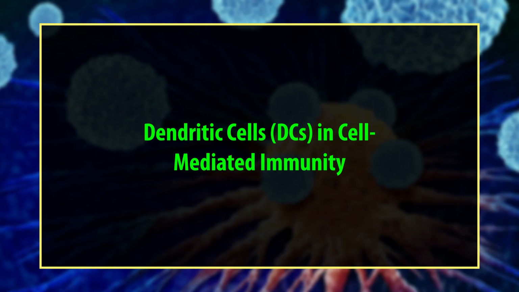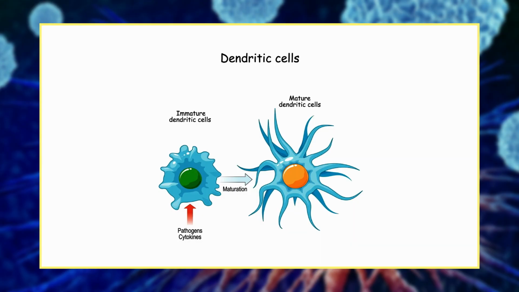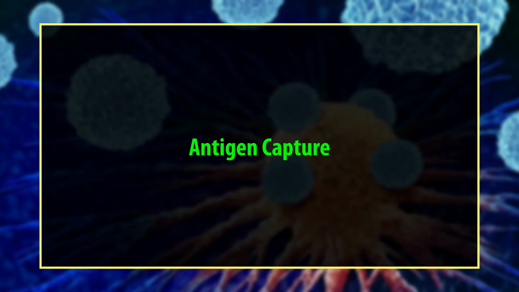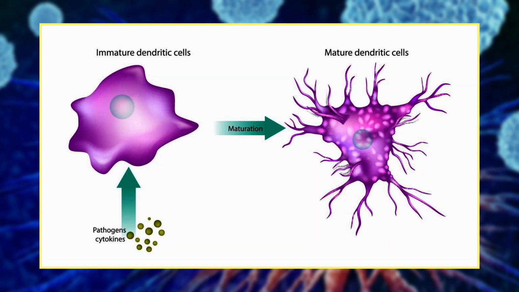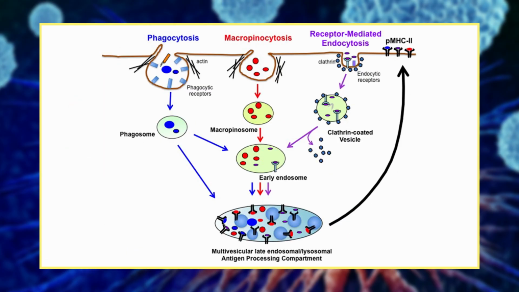Dendritic cells. In cell-mediated immunity, dendritic cells are the most potent antigen-presenting cells and are essential in initiating adaptive immune responses. Antigen capture: immature dendritic cells reside in the peripheral tissue. They capture the pathogens through phagocytosis, receptor-mediated endocytosis and macropinocytosis.